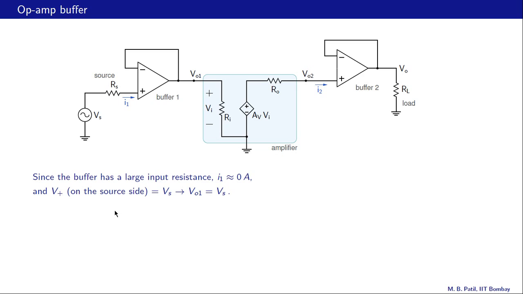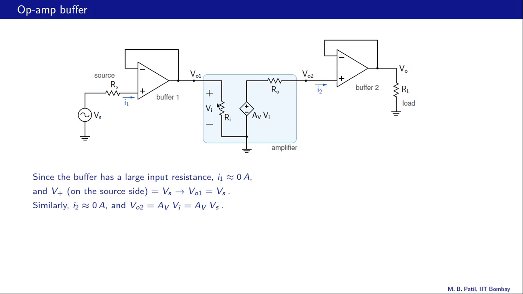Now let's come to the load side. I2, this current, is also 0 because the buffer has a large input resistance. Therefore no voltage drop here, and VO2 is equal to AV times VI.